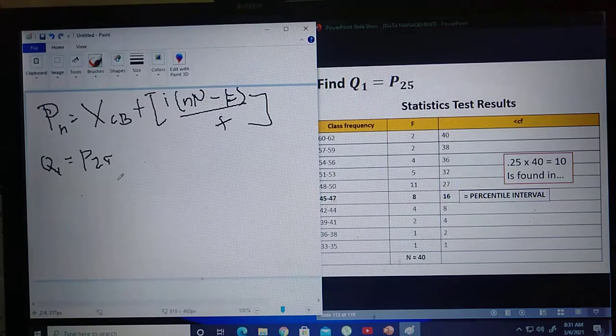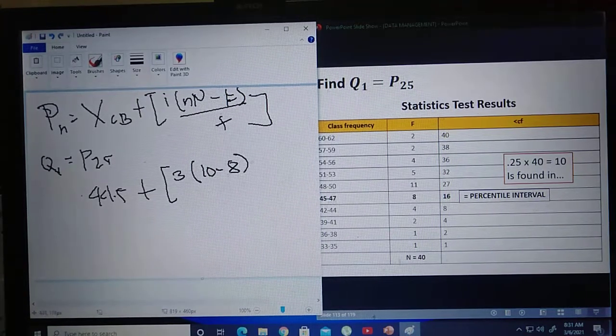Our lower boundary now is 44.5. Okay, 44.5. How many intervals do we have? 3. 45, 46, and 47. So the product of n and 0.25, which is 10, minus, what is the number before our percentile interval? That's 8. And then the frequency of the percentile interval, that's 8 also.